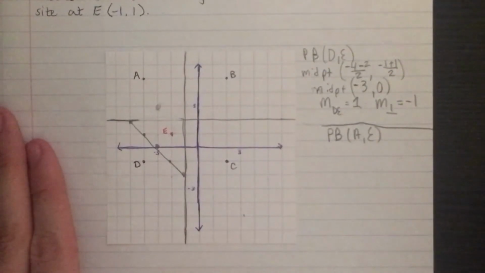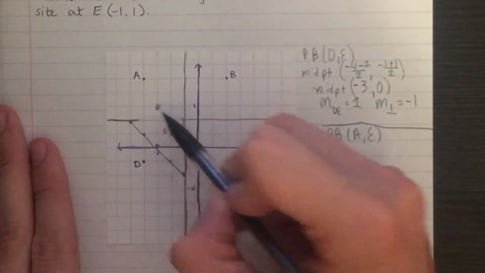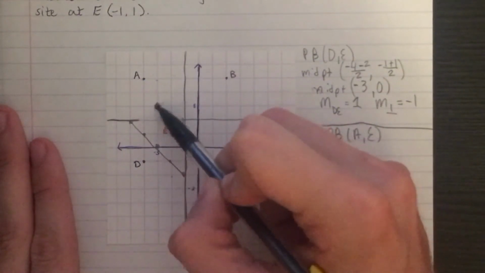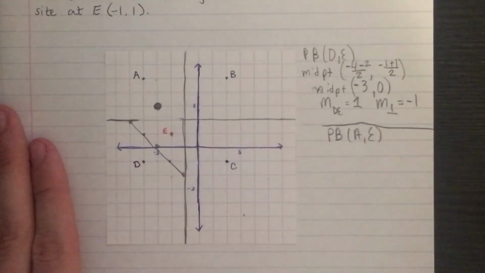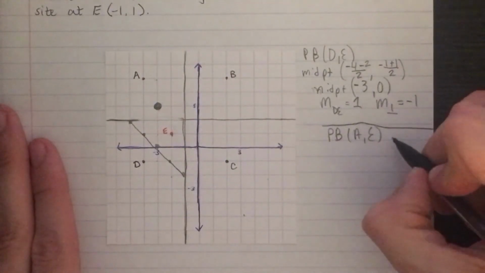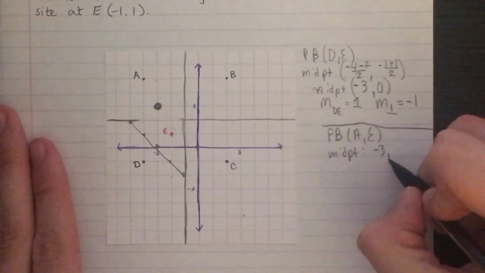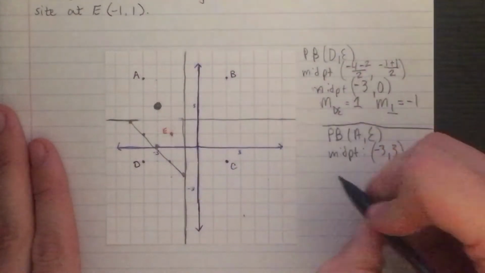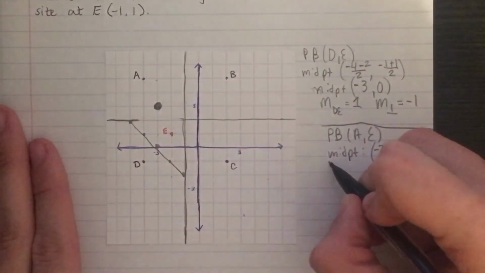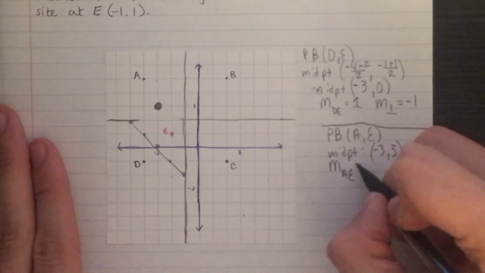With that perpendicular bisector, first thing we've got to do is find the midpoint. I'm just going to say we can eyeball it because it's up 2 over 1, up 2 over 1. So the coordinate right here is going to be -3, and then that's up 3. So the midpoint is -3, 3. And for the slope, we'll do the actual slope for A and E, so we get a good mix of both.